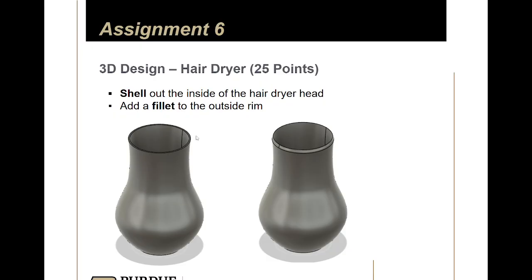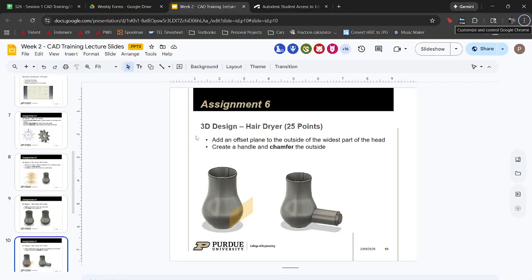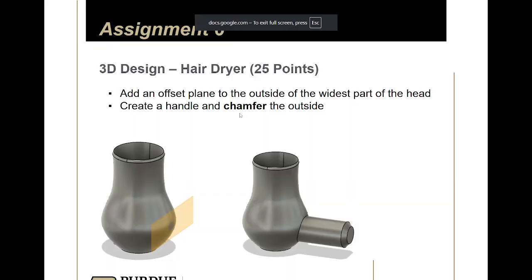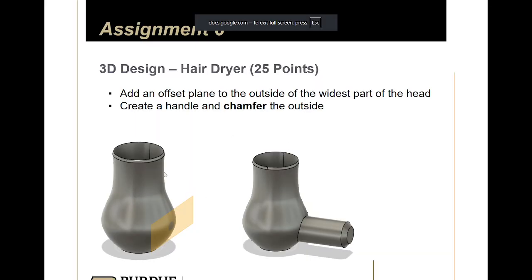And then the next thing we're going to do is add this handle. I think the slides are a little bit different from how I prefer to do it. I typically like to make the plane beyond the body of the hair dryer.